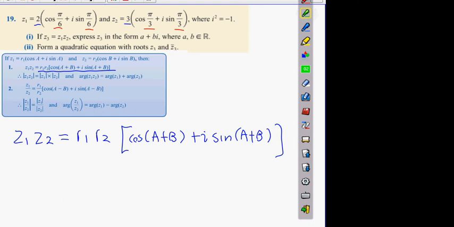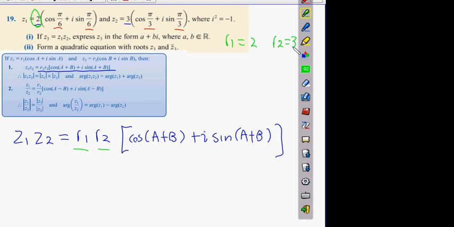I need to know what R1 is and R2 is to begin with. R1 is always the number outside the polar form of the first complex number. R1 has to be 2. R2 is the modulus of the second complex number, which is 3, because it's on the outside.